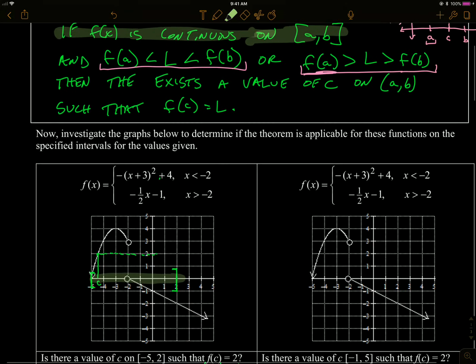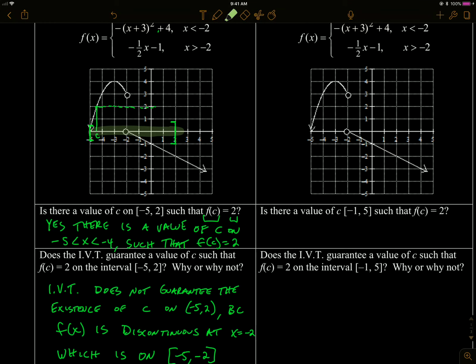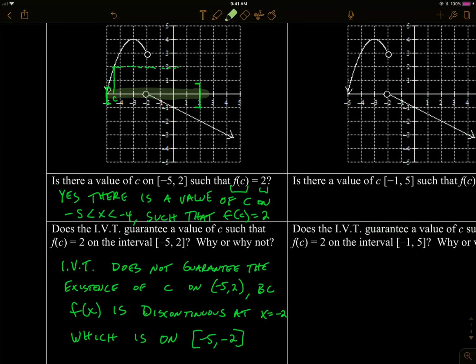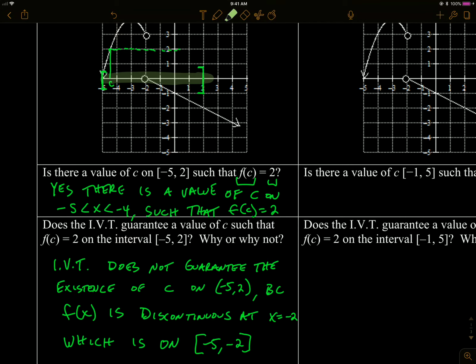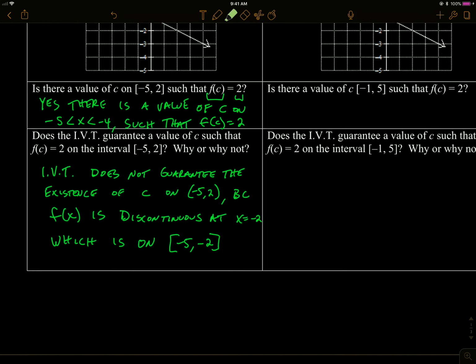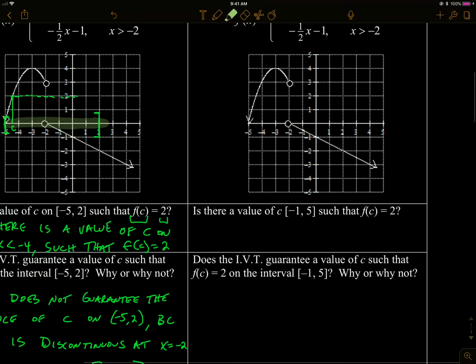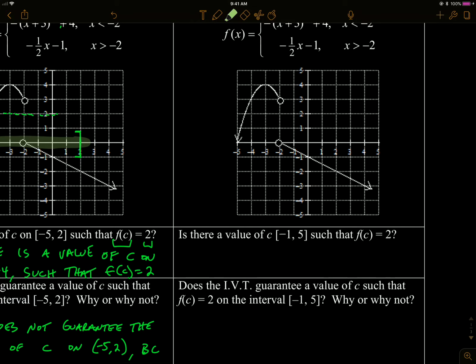The graph has to be continuous. In this case, it was just by chance that there was a c that had a y value of 2. But it doesn't have to by this theorem. I can show you an example where it doesn't. Is there a value of c on the interval -1 to 5?